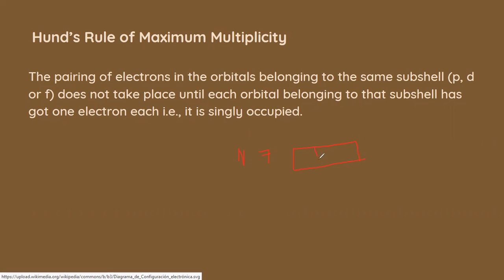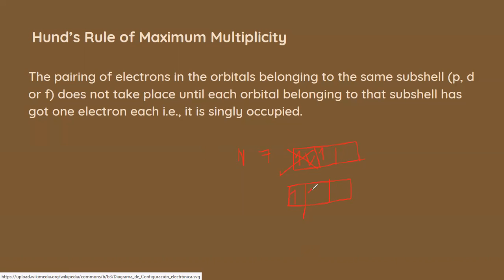Suppose we have a p orbital. We will not be filling the electrons like this. No, we will first fill in the electrons in all three orbitals. Forgive me for this horrible drawing. We will be dealing with this again.